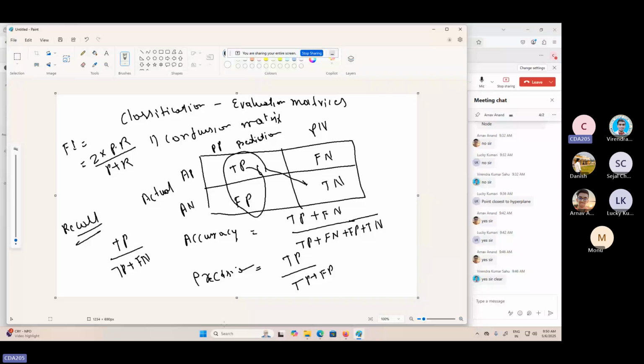Another one is the true negative rate, that is the specificity. That is TN by TN plus FP.